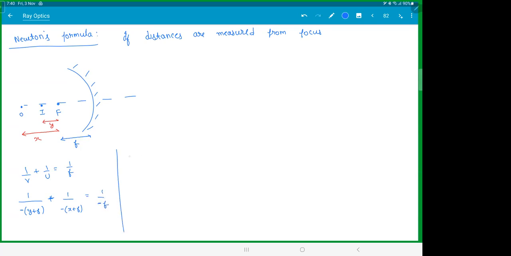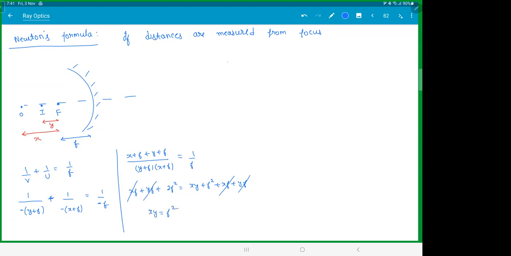Minus cancels off, cross multiply: x plus f plus y plus f by y plus f into x plus f into 1 by f. xf, yf, plus 2f square equals xy plus f square plus xf plus yf. We end up with xy is equal to f square.